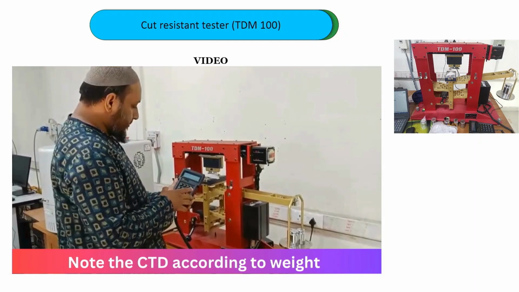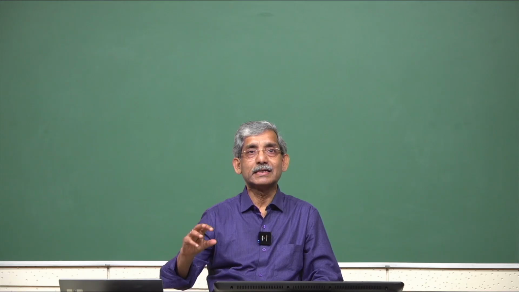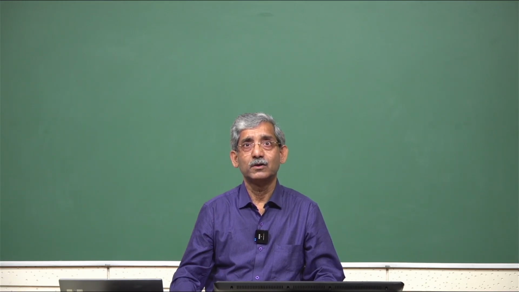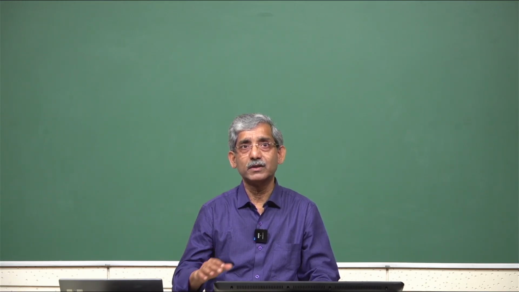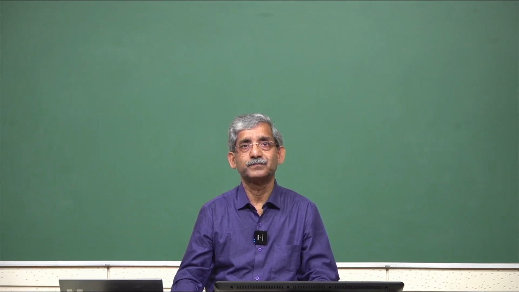For the next test we will change the load, and the entire procedure will be repeated. After all this, we note the cut through distance for the particular weight. After changing the load we will repeat all these steps again.